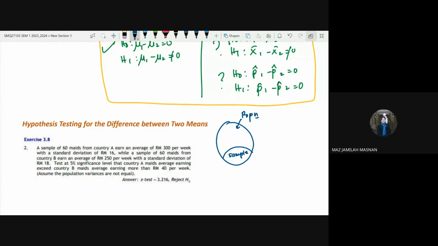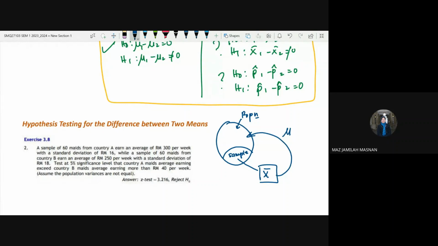Now, we collect our data from our sample, we measure them, and if we are investigating the mean of our sample, then the mean that we obtain from the sample is the one that we will use to make a conclusion about our population mean, which reflects our mu.